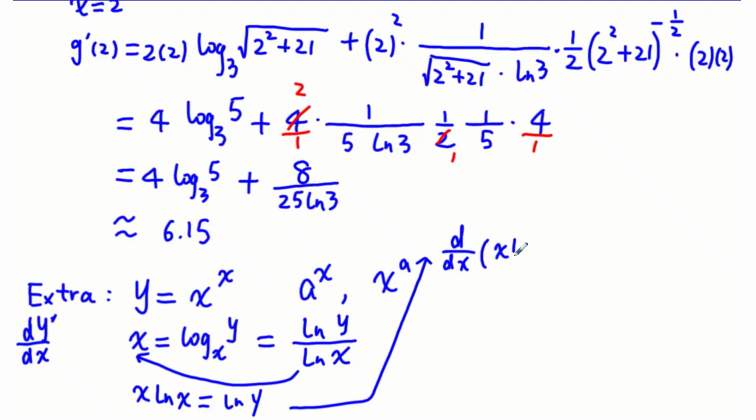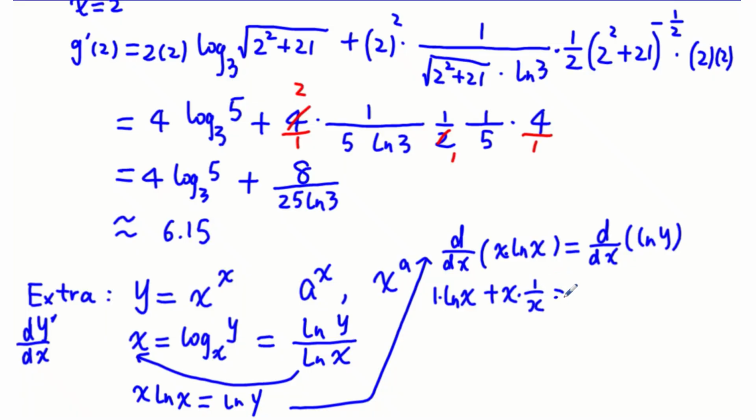So do the derivative with respect to x on both sides. Then this is a multiplication, we know how to do it. So u prime is 1, plus v prime, 1 over x.